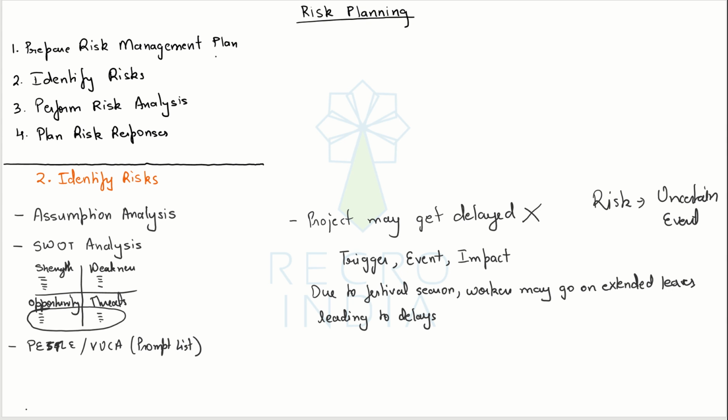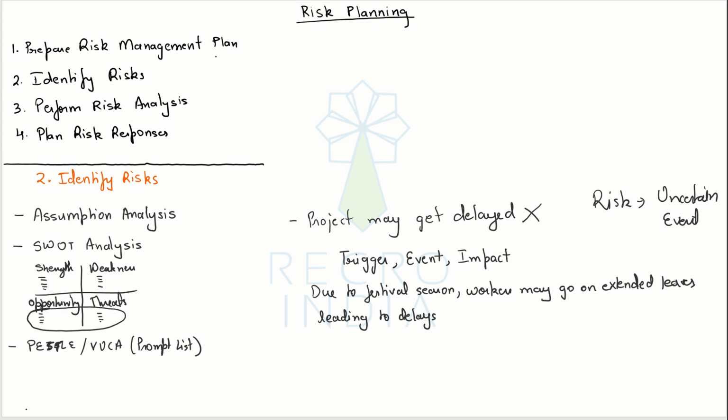So generally we want to start at the leftmost side: can we do something about the trigger? If yes, let's take control of that. If not, let's think about the event. If we can do something about it, well and good. If not, let's try to move to the last section, which is the impact. So with this type of description, you'll be able to do your risk management on the whole in a very effective and efficient manner.